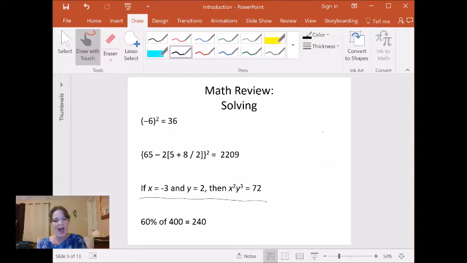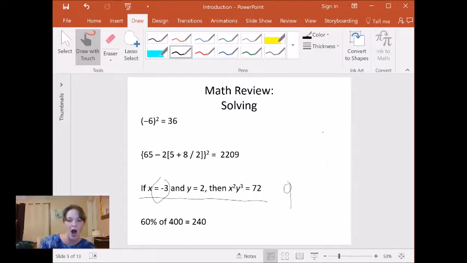So for example, x takes on the numerical value of -3. Y takes on the numerical value of 2. So if I say, what is x squared times y cubed, you can say, well, I can see here right on the page that x is -3. Order of operations says exponents come first, so I have to take -3 and square it. -3 squared is 9.